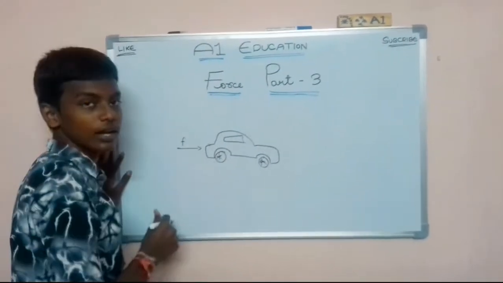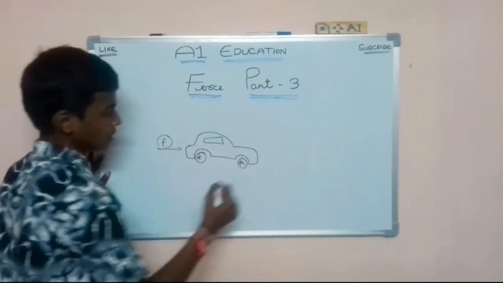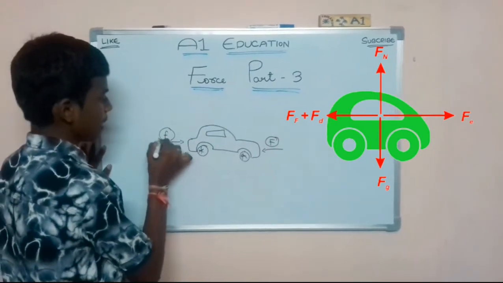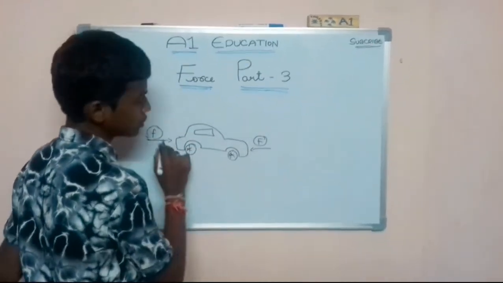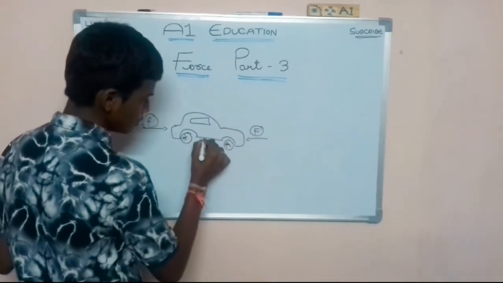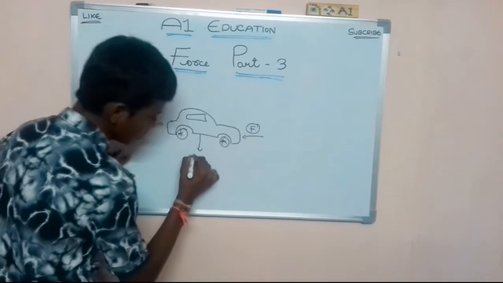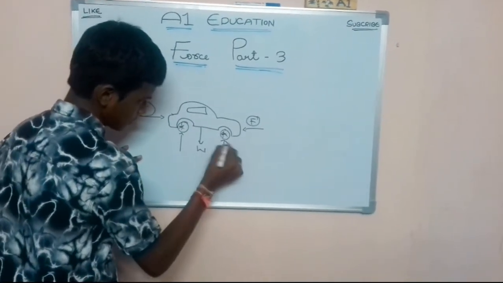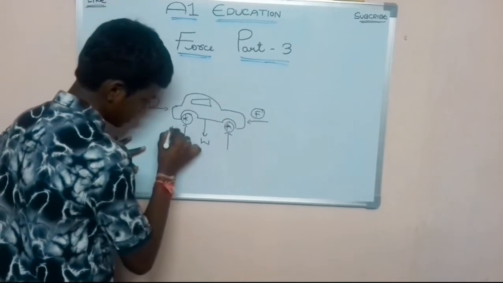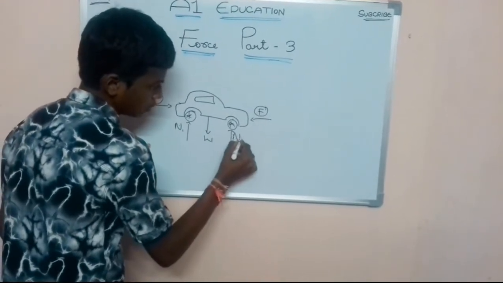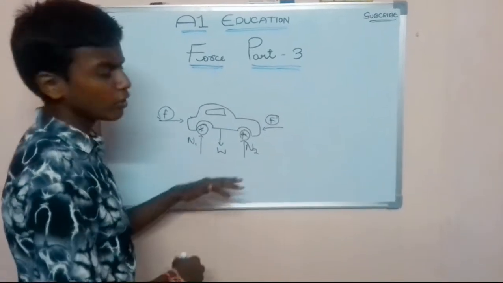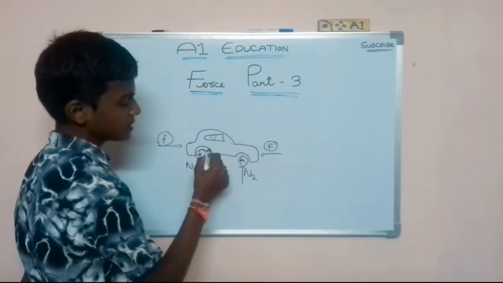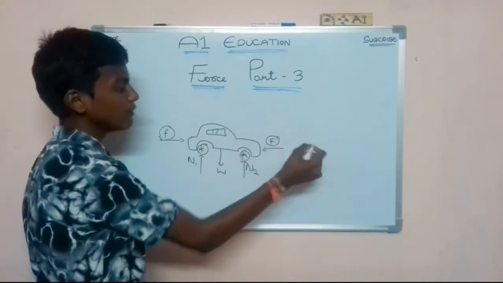Small f denotes friction, and big F denotes the applied force, two forces in opposite directions. And in the downward direction, the gravitational force acts, and in the upward direction, the normal force acts. All these forces act on this car. This is called a free body diagram: all the forces acting on it at an instant.